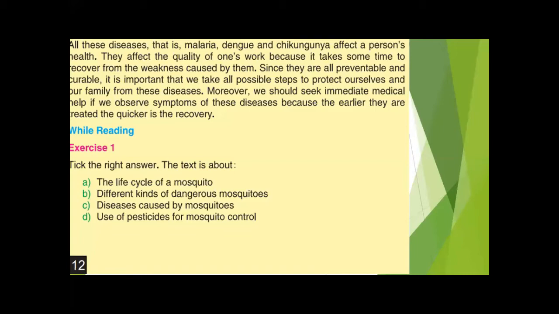In the workplace, it is often assumed that employees who are more satisfied with the physical environment are more likely to produce better work outcomes. So, obviously, we all know that these types of diseases affect work concentration and productivity in the workplace. So, it is very important to take all possible steps to protect ourselves and our family from these diseases.